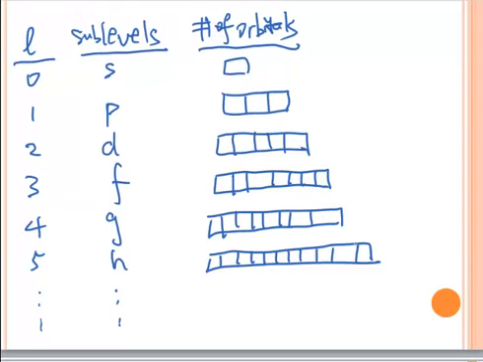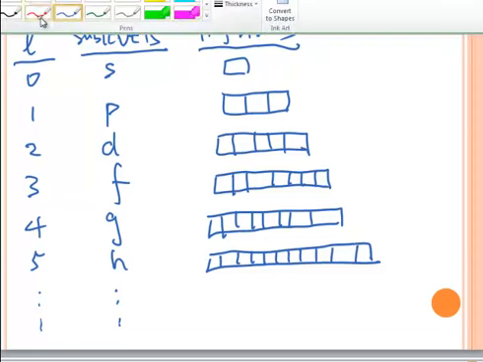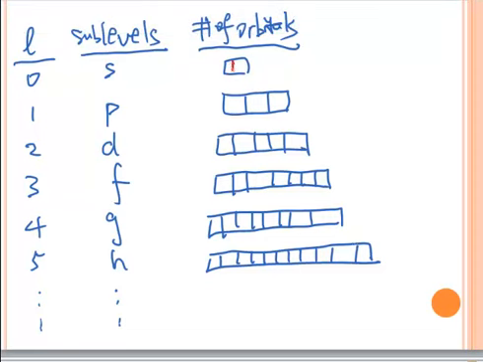As we said before, the Pauli exclusion principle says each box can only hold up to 2 electrons, and they have to spin in the opposite direction. So you fill them going like that, and like that, and you get the idea.